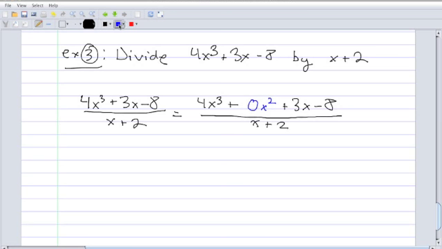Again, when I say falls to the right, that means put this numerator inside your radical. Okay. So when you write it in long division, it's going to be x plus 2 divided into 4x cubed plus 0x squared plus 3x minus 8.